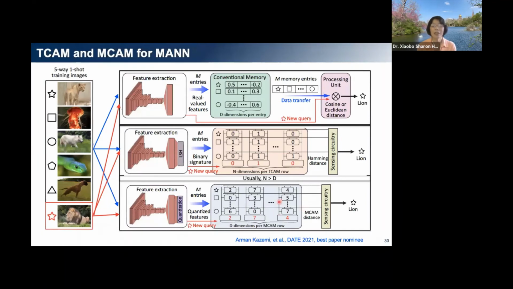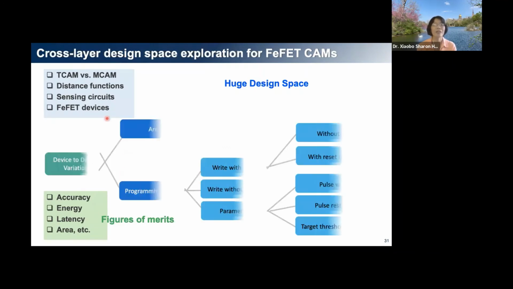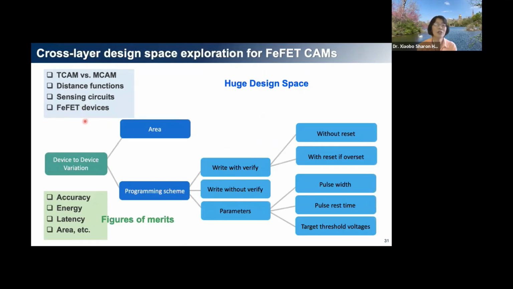If I look at these different designs, immediately you can see that they could have a huge design space, like I said before, whenever you use content addressable memory. In terms of figures of merit, we have accuracy, energy, latency, area, etc. So what are the design spaces? Which type of CAMs you should use, which type of functions, what type of sensing circuit, and what devices. And if you decide to use FeFETs, we also have lots of design space.